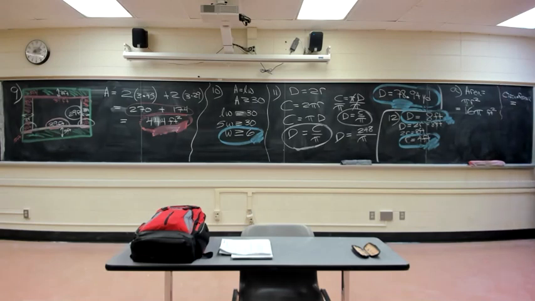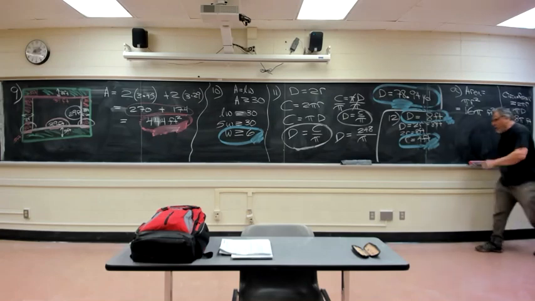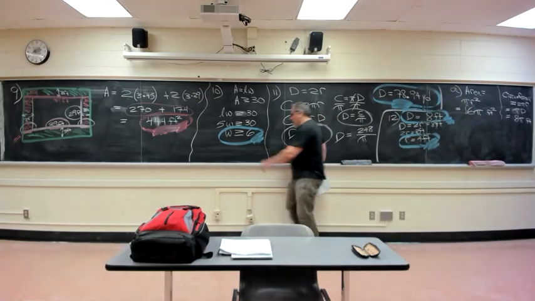And for the circumference, that's 2 pi r, which is the same as pi times the diameter. Well, the diameter is 8. 8 times pi, and that's feet. That's linear units. So just be aware of that when you're doing this.